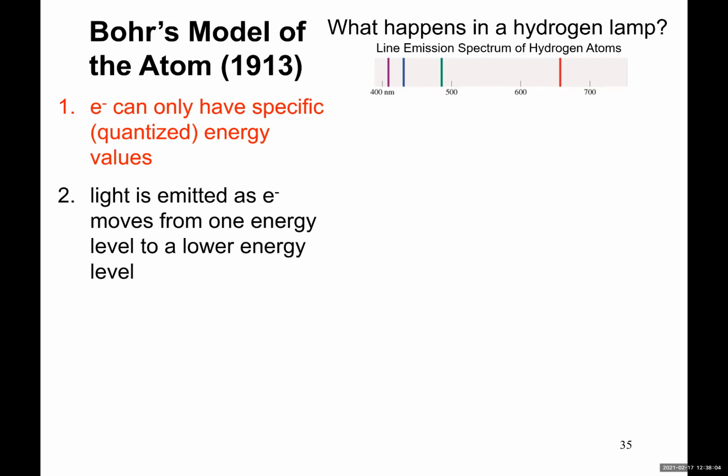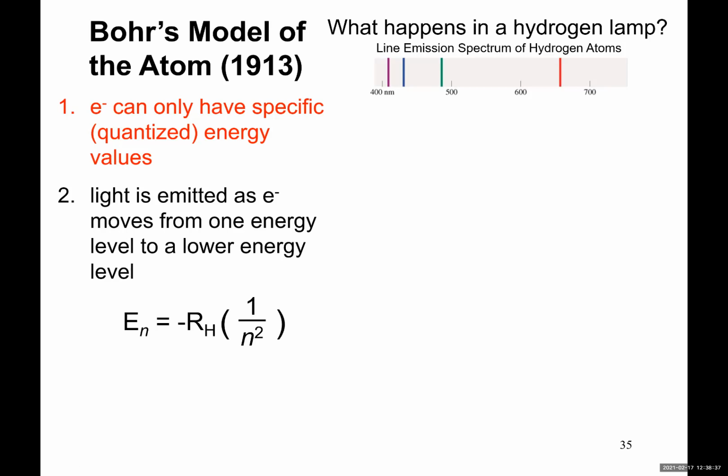And when light is emitted, these lines which are observed are simply because of electrons dropping from higher energy to lower energy. So he came up with an amazing mathematical calculation that defined the amount of energy of hydrogen electrons. He says in the hydrogen atom there are different energy levels.